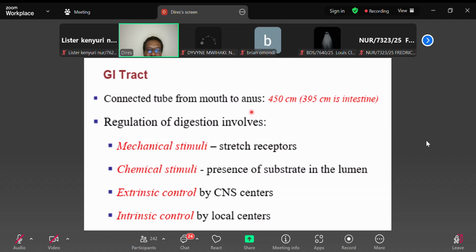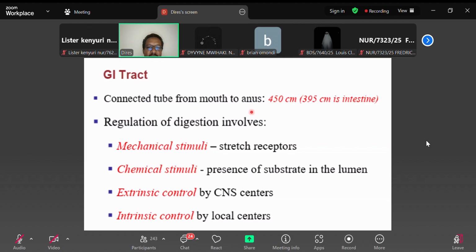Okay? The other thing is a chemical. For example, when you eat, by the way, the type of the food you eat can affect motility and secretion. We'll talk later. The chemical stimulus. Are you eating carbohydrate rich food, protein rich food, fat rich food? It matters. We'll talk later.